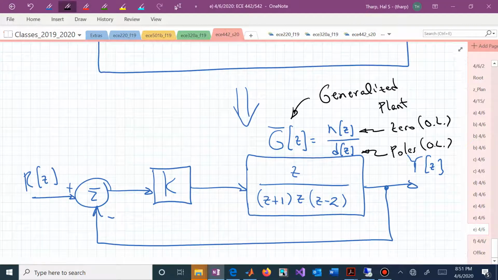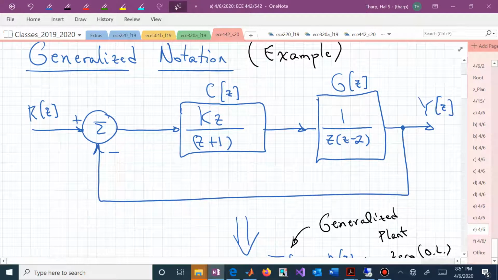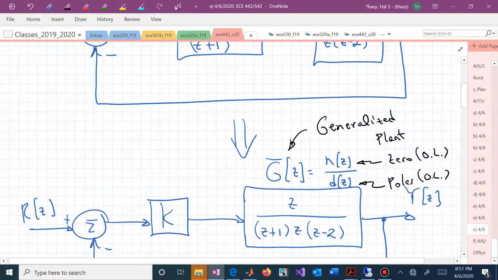What we want to do now is, based on this particular example, sketch the root locus associated with this controller plant combination.